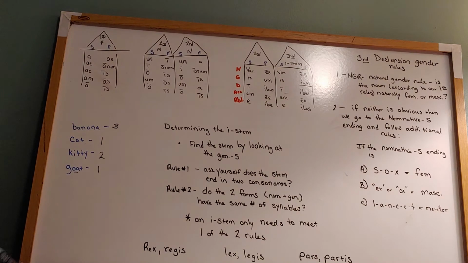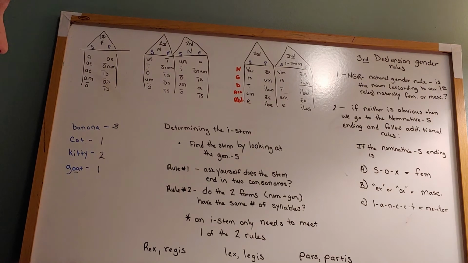All right, so let's look at some vocabulary for this week and try to figure out whether or not it's in the third declension and if it has an I stem. So here I'm looking at Rex and Regis. I haven't looked at my vocabulary yet to know if that G is a J or a G sound, but I will do that and get back to you on that.